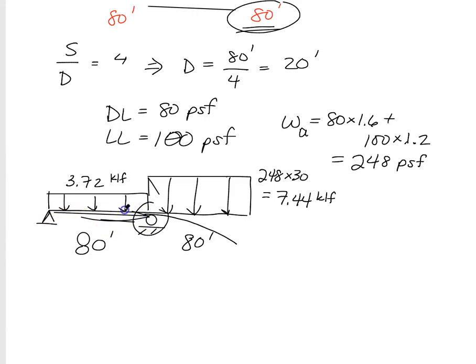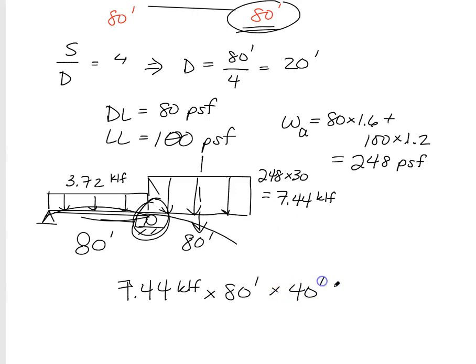The max moment would occur right here. And so we could just take then the statically equivalent point load, which would be 7.44 kips per lineal foot times 80 feet, that would be the point load, times 40 feet.